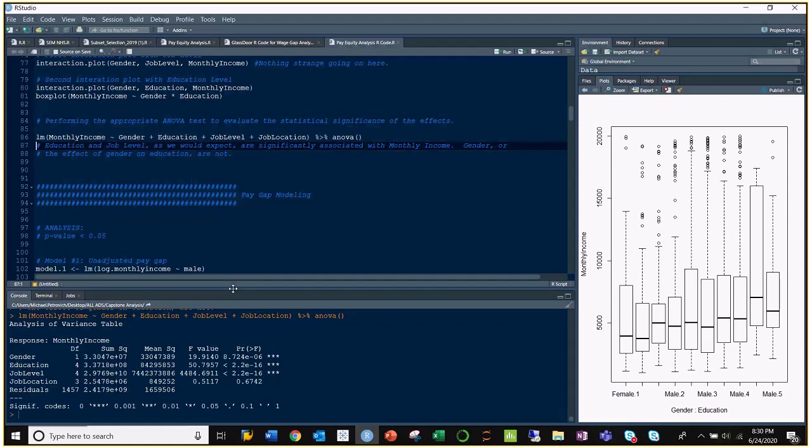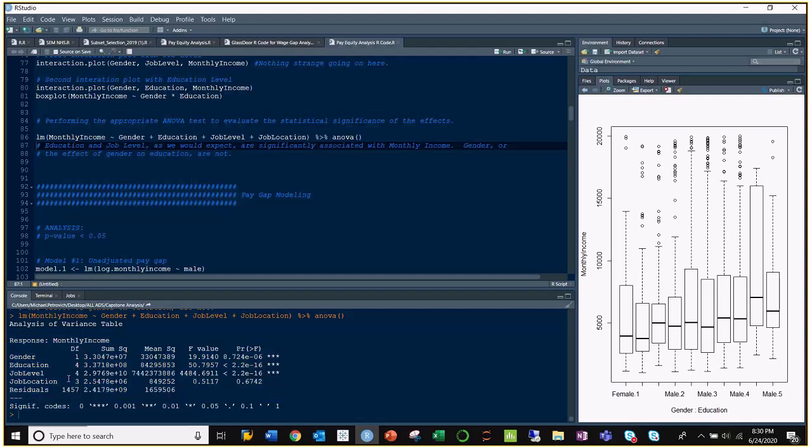Okay, so once we run the ANOVA test, what we find is that gender, let's look at the bottom here, these are going to be the results. For gender, we find that to be a statistically significant variable. Same thing with education, same thing with job level, not so much with job location.